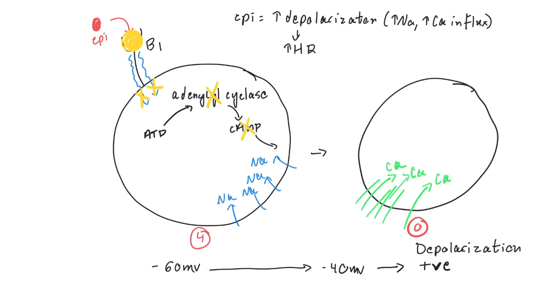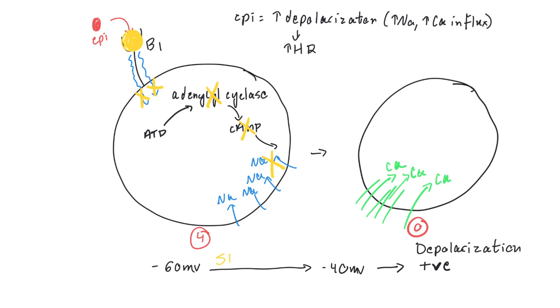It still does exist, part of our normal physiology, but not quite as much as it otherwise would if I didn't take that beta blocker. So not as many sodiums are rushing in.